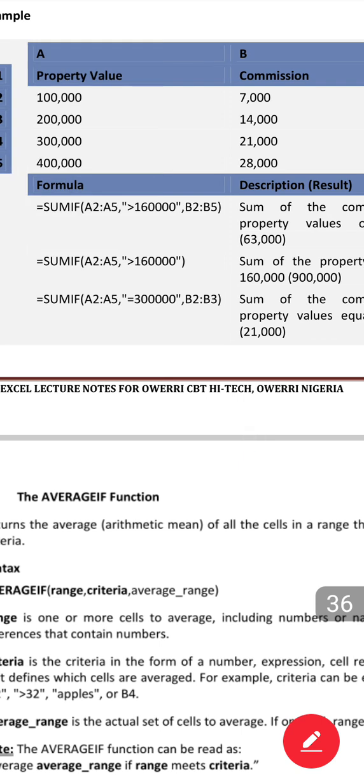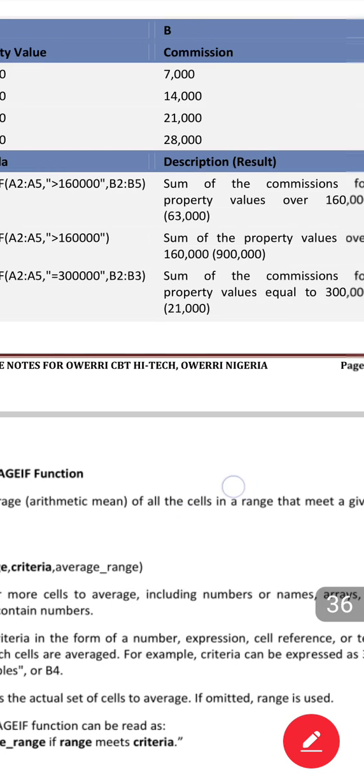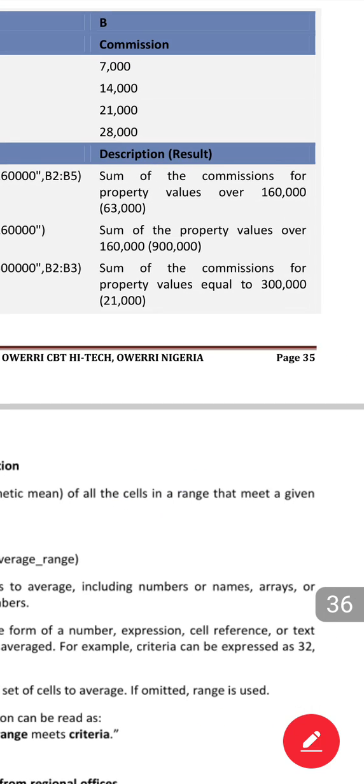And we use another formula, SUMIF, A2 to A5, "=3 lakh", B2 to B3. The sum of the commission for property values equal to 3 lakh is 3,21,000.